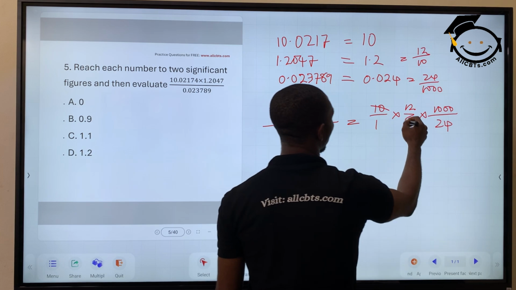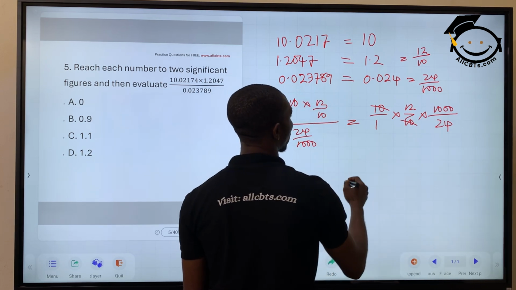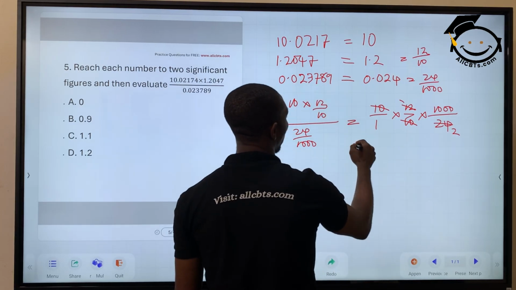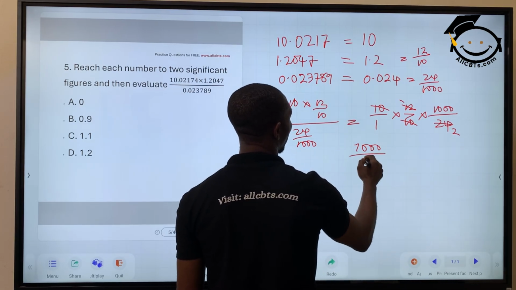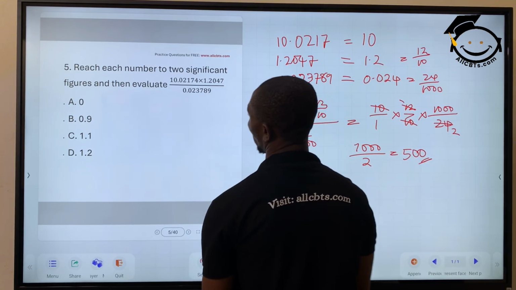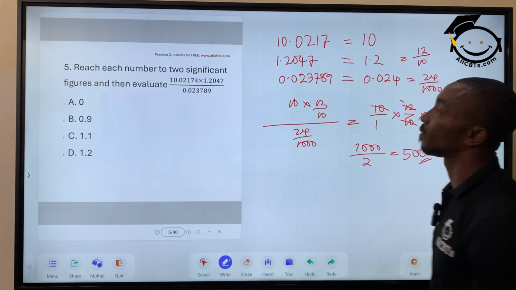So 10 cancels 10, leaving us with 12 here 1, 12 here 2, leaving us with 1000 divided by 2, which gives us 500. So our correct answer should be 500.